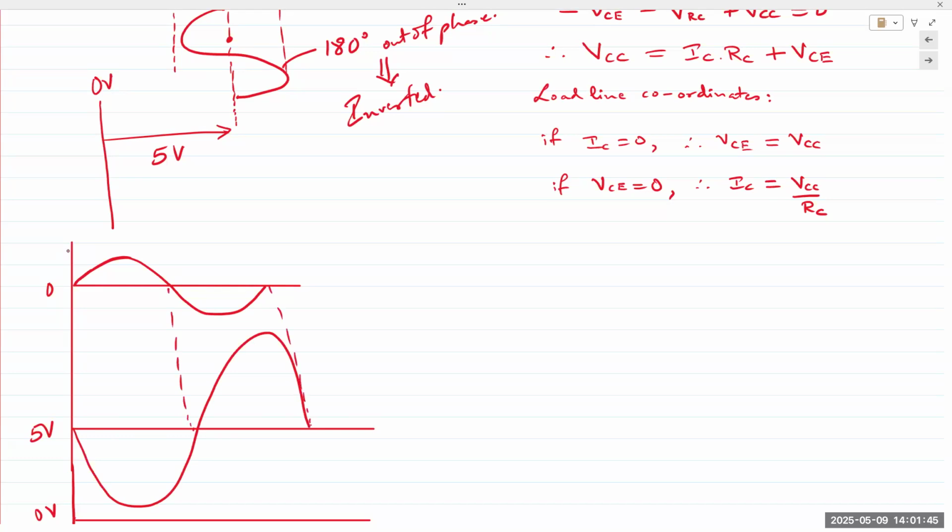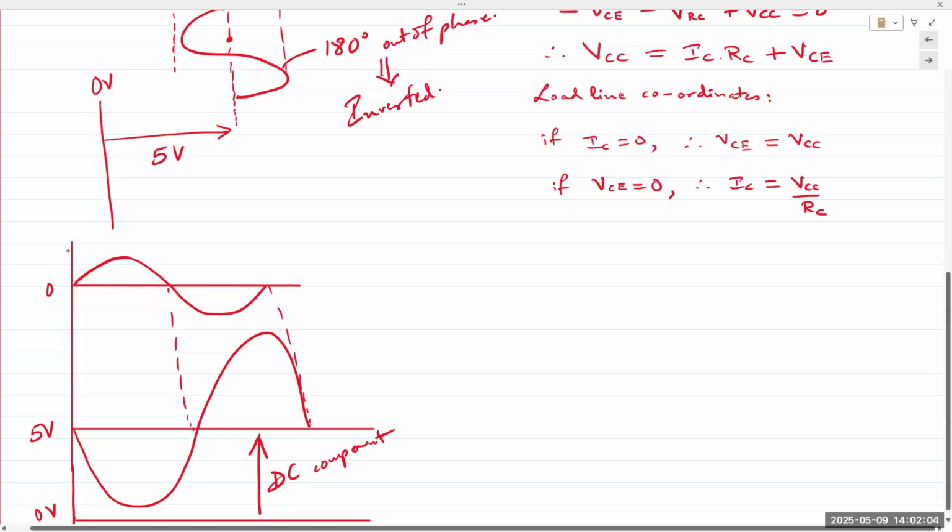The frequency does not change, but the voltage is inverted. It's 180 degrees out of phase. It's amplified. Plus, it has a DC component. So the output of an amplifier will have a DC component, plus it will have a 180 degree phase shift.